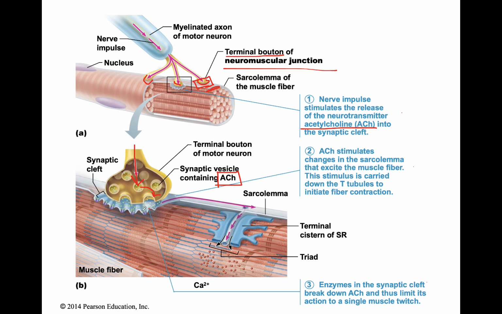The ACH will stimulate this sarcolemma and cause creation of voltage that's going to shoot across the sarcolemma, down the T-tubules, across to the cisternae in order to release all those little calcium nuggets down onto the sarcomere. Those calcium nuggets, again, are required for a muscle contraction.